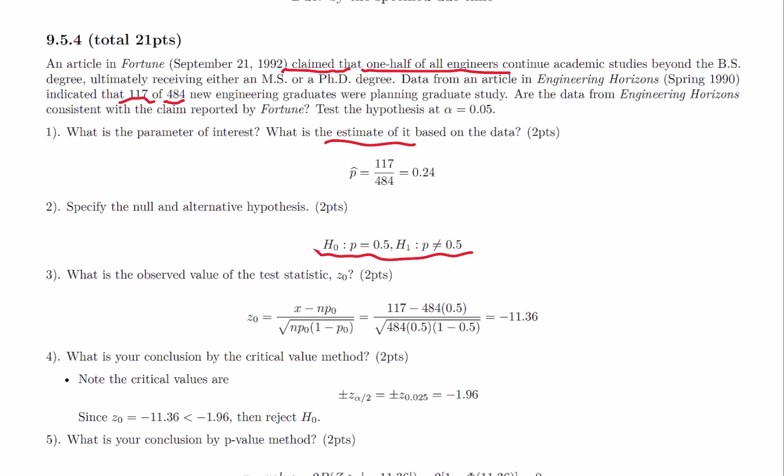Are the data of engineering horizon consistent with the claim, right? Consistent. If it's consistent, that means P equals 0.5. If it's not, that means it's not equal to 0.5. The only thing I want to mention here, what is the P0? P naught actually is this guy. This is the P naught, okay?